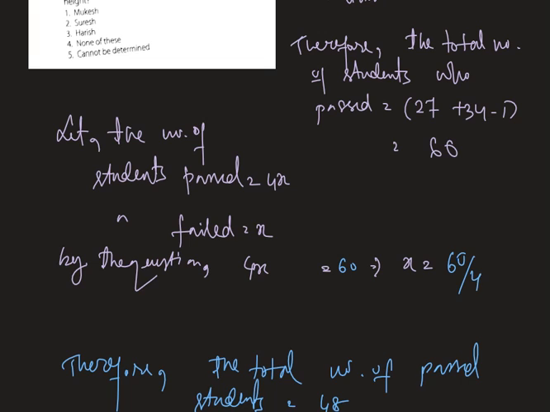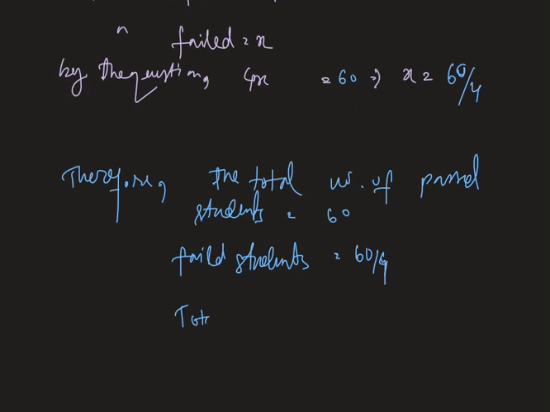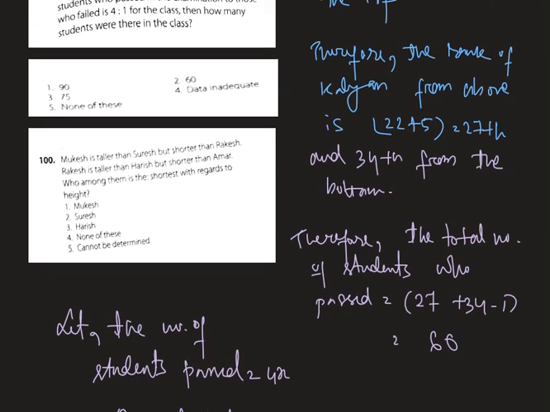Hence the total number of students who passed the examination is 60, given by the question already, and the number of failed students is 60 by 4. Therefore the total number of students is 60 into 5 by 4, which results in 75. Therefore the right answer is option 3.